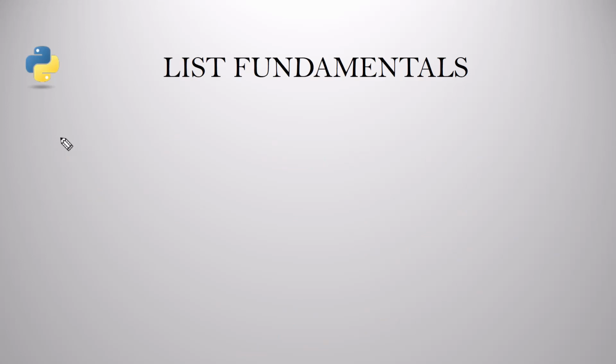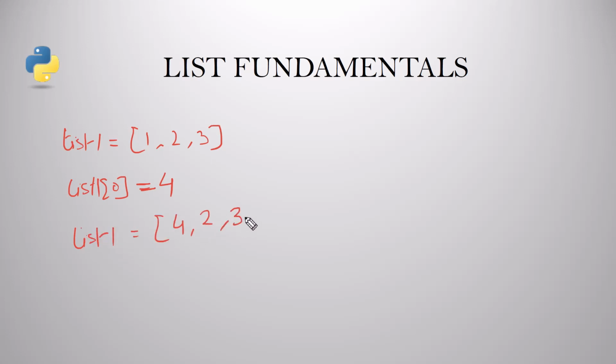Lists are mutable, so they support operations that change a list object in place. What it means is, for example, if we have created a list L1 with 1, 2 and 3, and we assign L1[0] equal to 4, and then we check L1, we will get 4, 2 and 3.